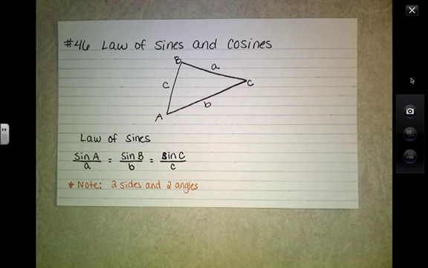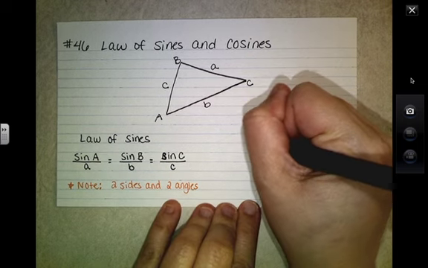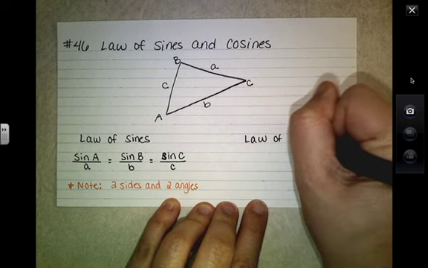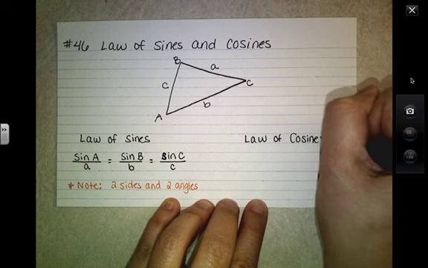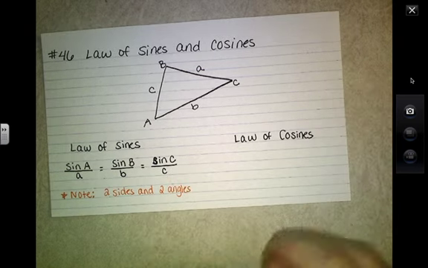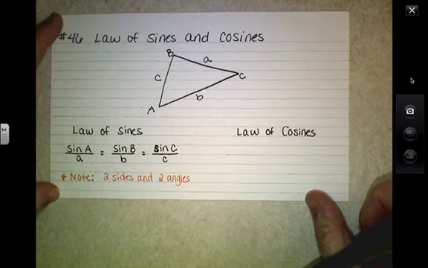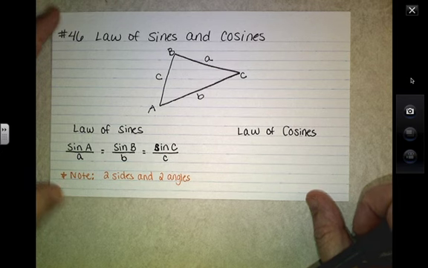All right, the next is the law of cosines. This is one where the letters are interchangeable, just like our area formula was.